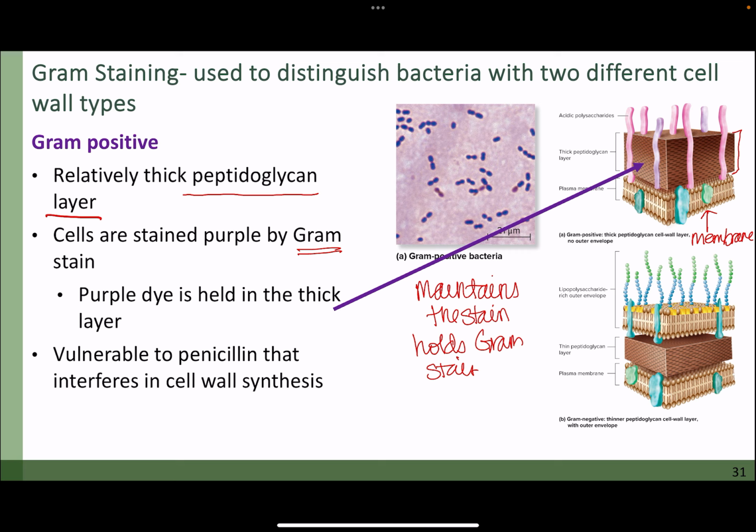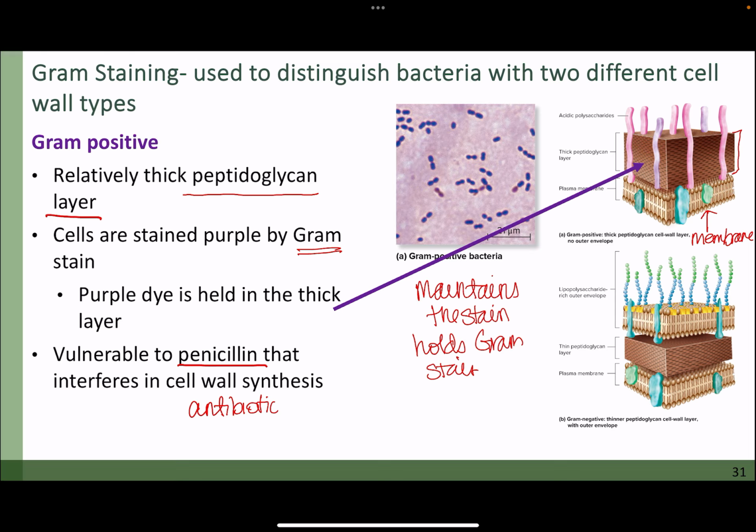This particular cell wall is actually vulnerable to penicillin. Penicillin is an antibiotic that kills bacterial cells, and it works by interfering with cell wall synthesis. So if the bacteria can't establish their cell wall, then they're not going to survive.